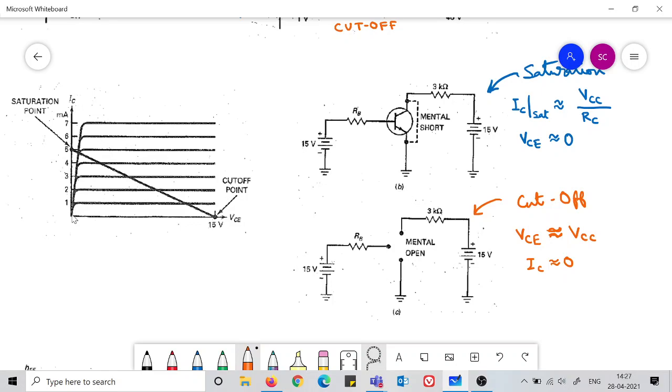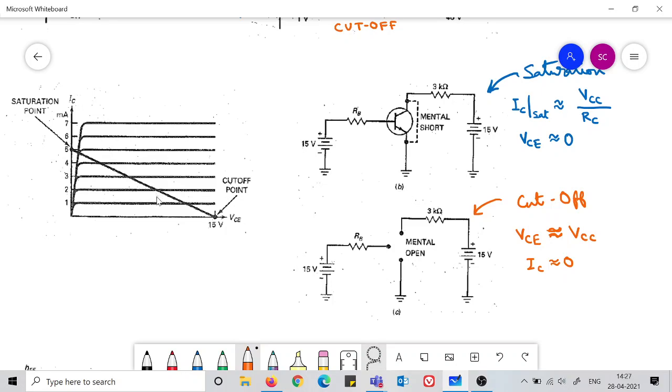Suppose it is 20 microampere, and I am supposing a gain of 100. So if you are asked to find the operating point for 20 microampere IB, it would be this particular point.